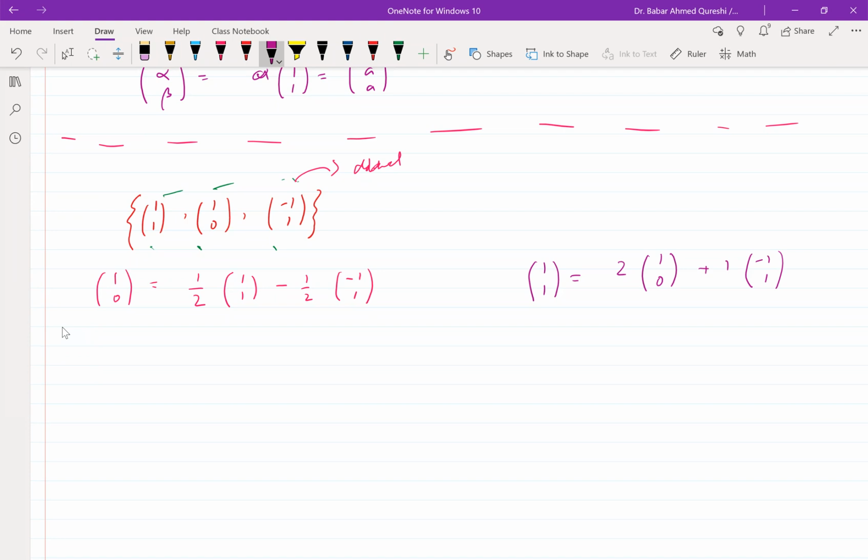So for example, if I delete this guy, then I'm left with 1, 1 and minus 1, 1. And if I make a linear combination of them, I can easily solve it. I'm given alpha and beta, I can solve it and get A and B.